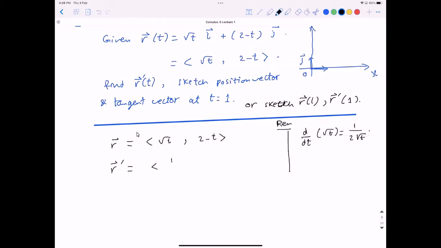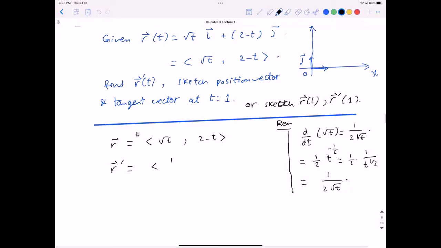Where the formula comes from: half T to the power half minus 1 is negative half, therefore it is half times 1/T to the power half, which is 1/2 root T. So it saves time if you know the derivative of the square root directly.